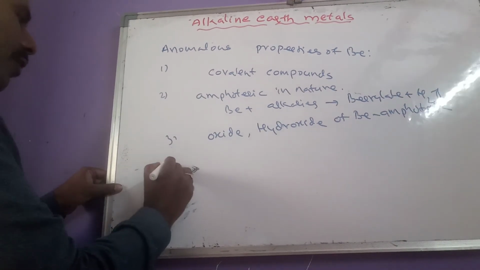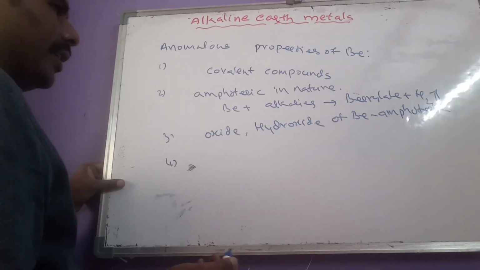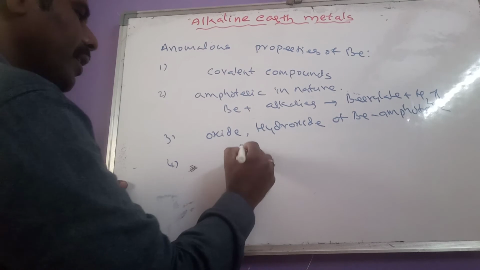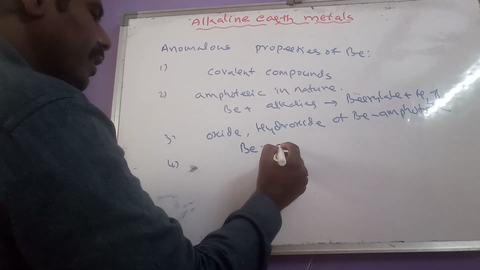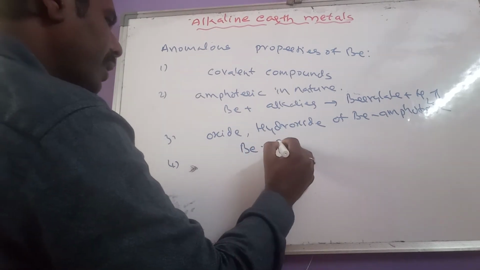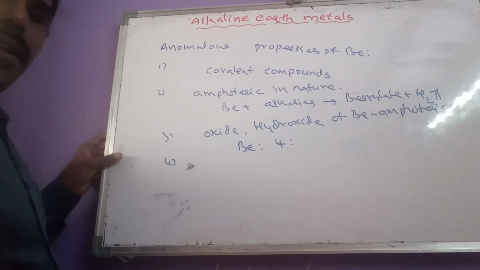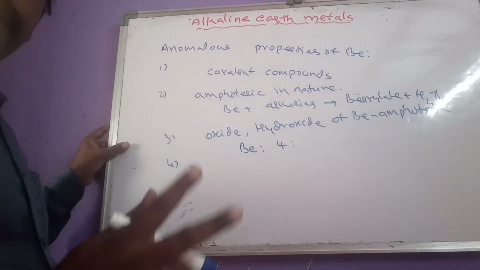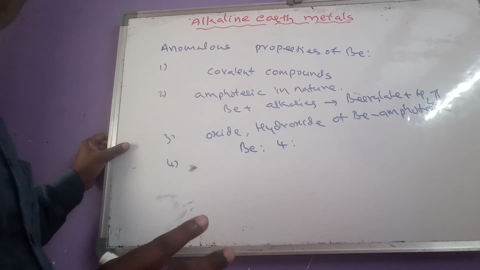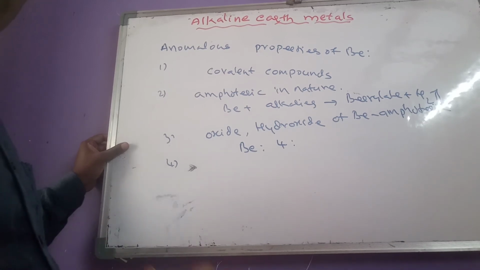Another anomalous property here, beryllium's coordination number is 4, that does not exceed 4, because it has only two orbitals in the outer shell.